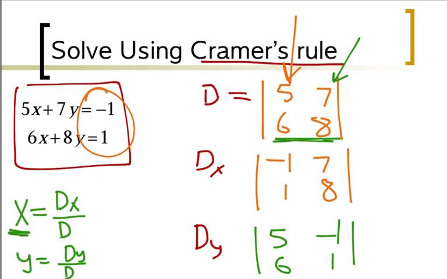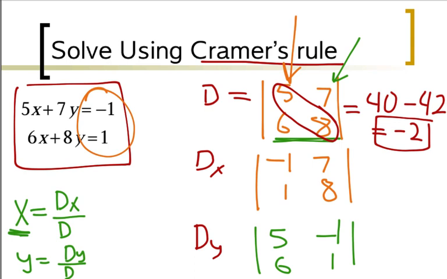Now, what we're saying in these D's is find the actual determinant. So what that means is each one of these actually has an answer. So I need to multiply my 5 times my 8, and so take my 40 and subtract it by 6 times 7. And so my D is equal to negative 2. Okay?